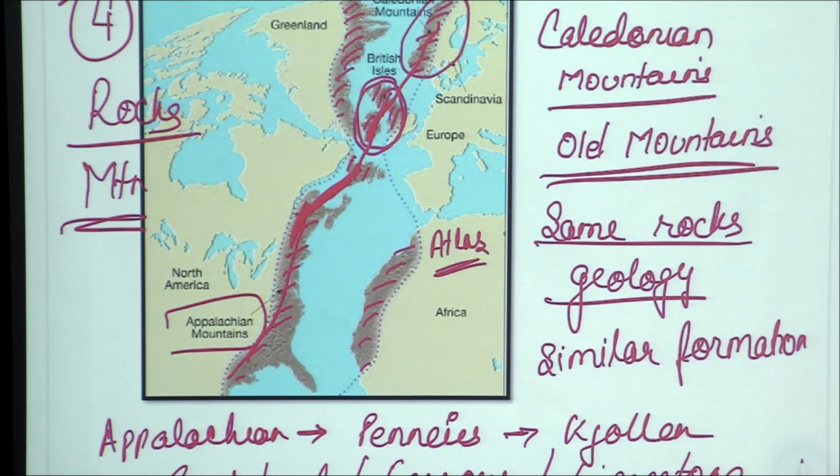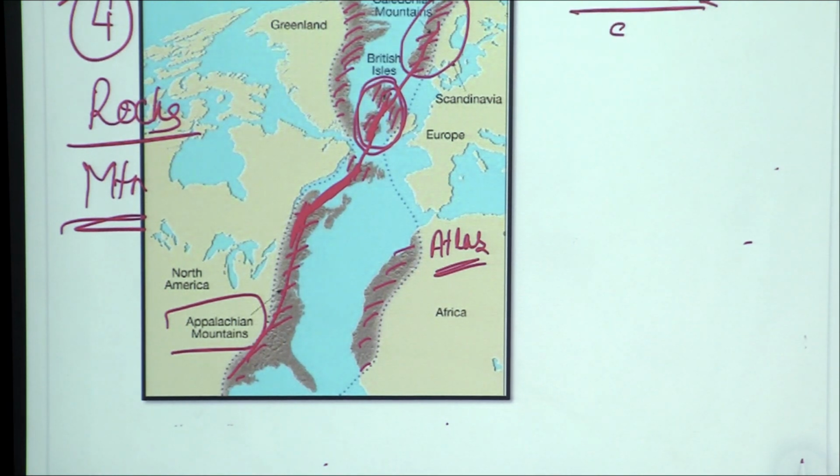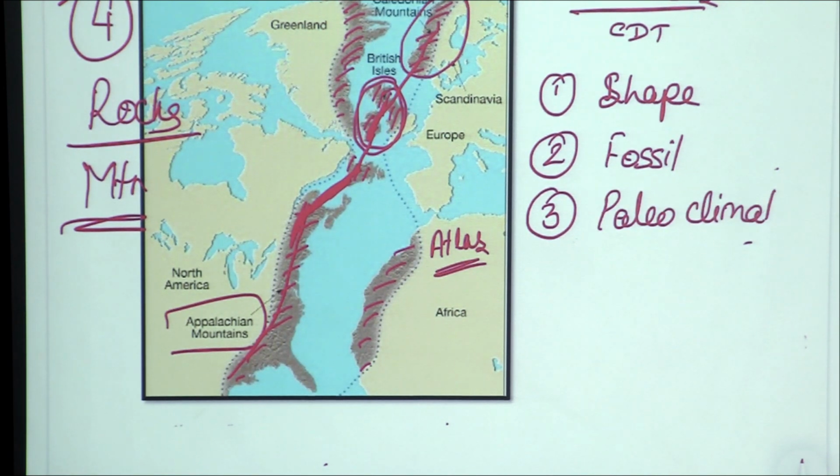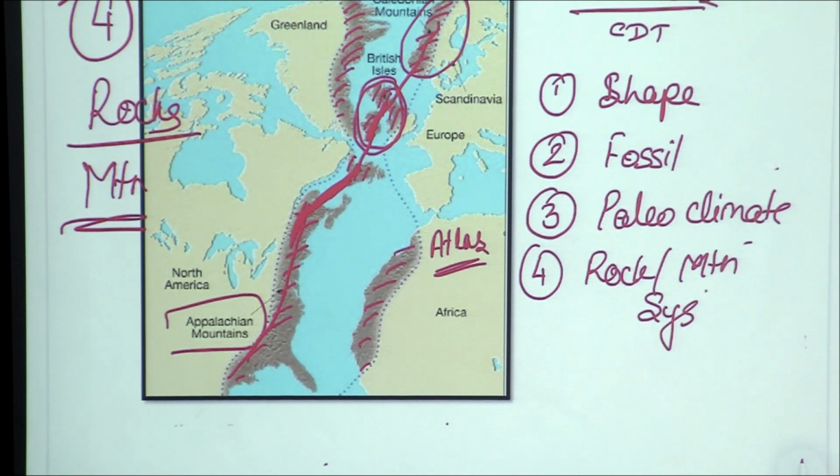Evidences of continental drift theory include fit of shape, fit of fossil, paleoclimatic, rock and mountain system.